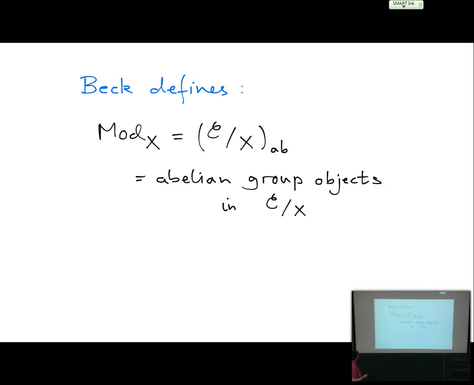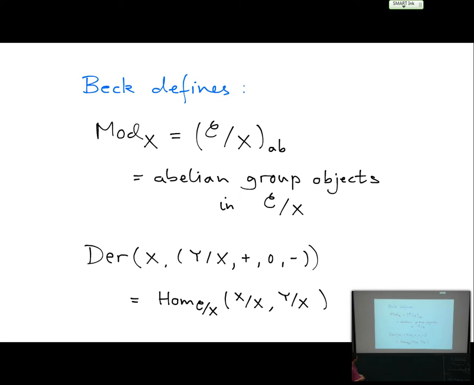So here it is. The category of modules over X is: take the category over X, so the objects over X, and take the category of abelian group objects in that category. So that's the category of modules. If C was the category of commutative rings and X a ring, then this category is equivalent to the usual category of modules.